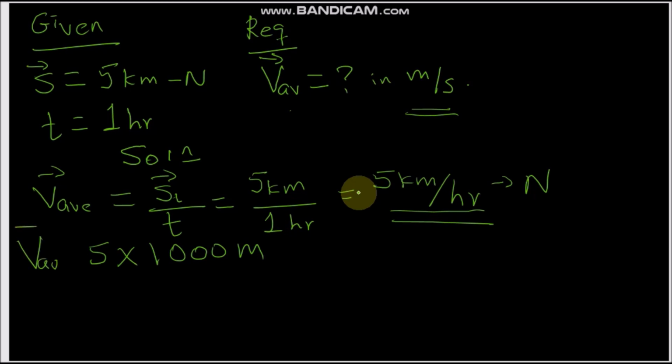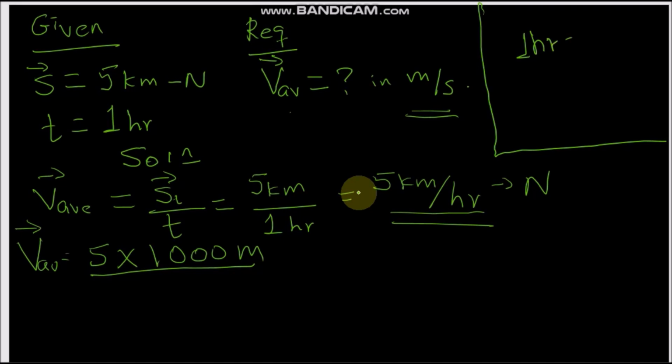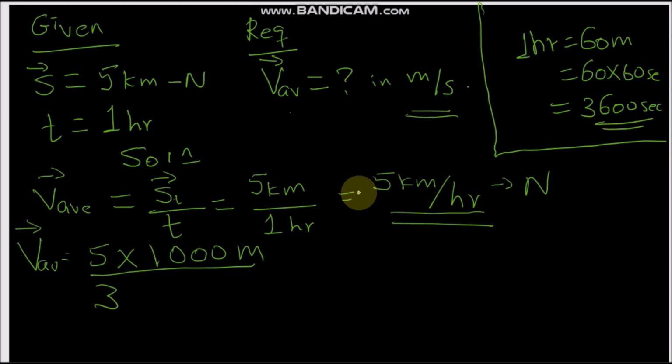The average velocity is equal to that over 1 hour, so let's convert. 1 hour is equal to how many seconds? 1 hour is equal to 60 minutes, and each minute is 60 seconds, so 60 times 60 is 3600 seconds.